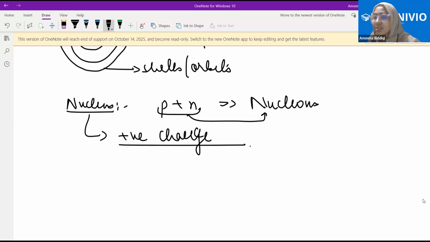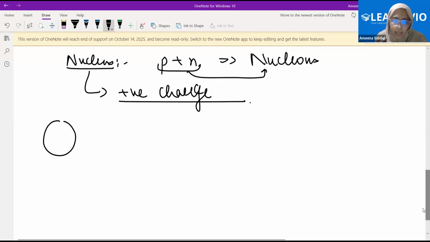Neutrons are not contributing to the charge of the nucleus because they are neutral. My question is, what is making the nucleus positively charged? The protons. Clear? Moving on to the next point.